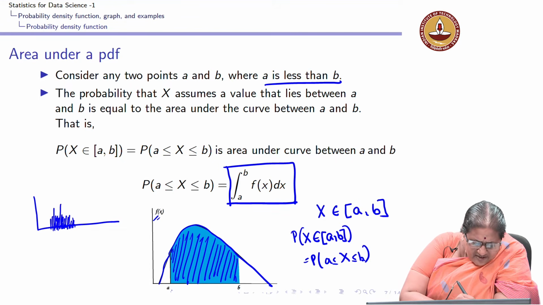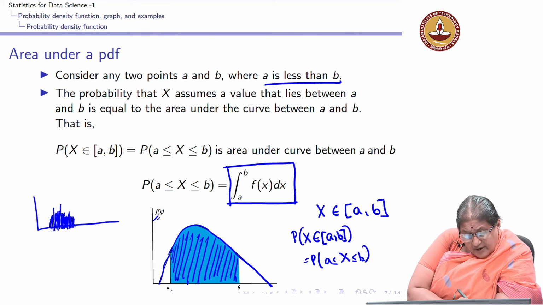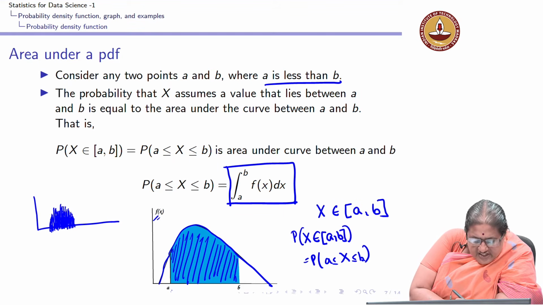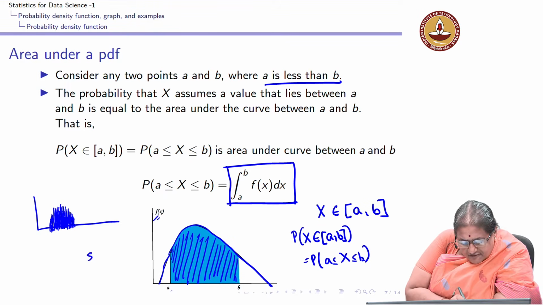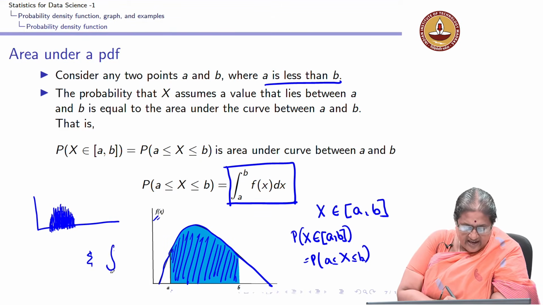If they are infinitesimally close to each other, then I know that the probability of x taking each of these values is going to be the sum of these probabilities, which is approximated. In a sense, the infinitesimal sum can be approximated by the area.